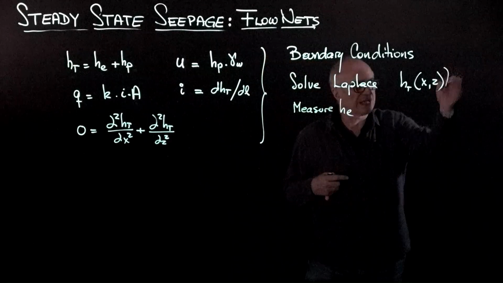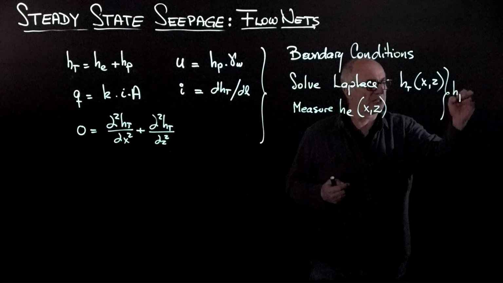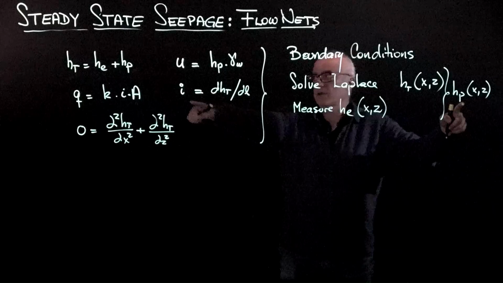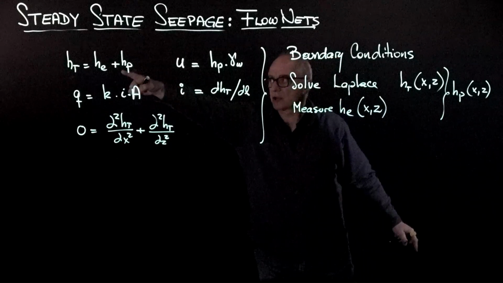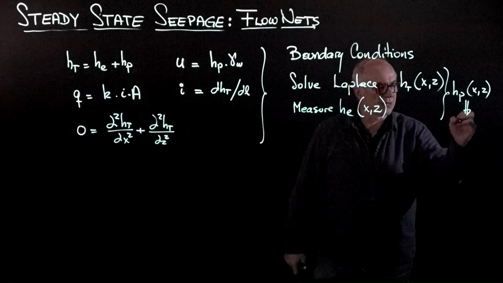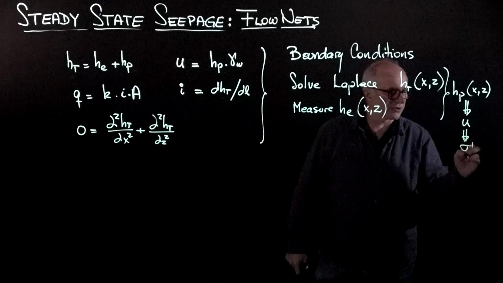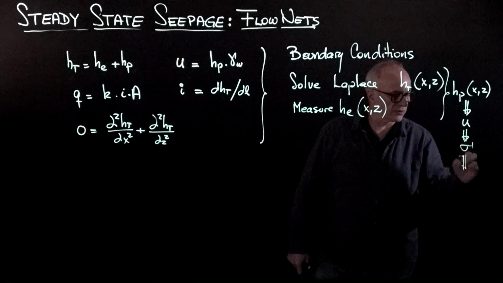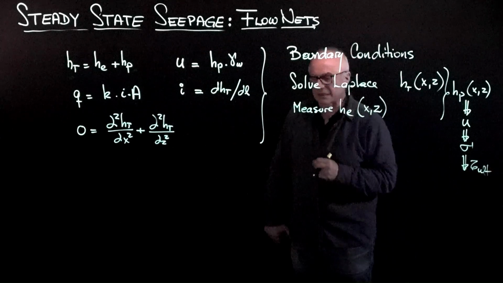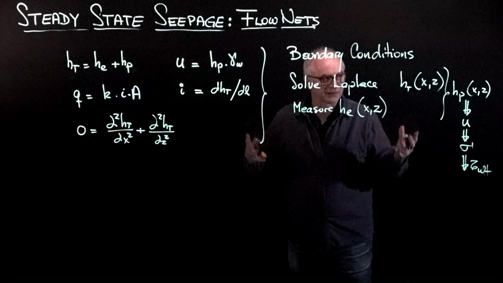With the total head and the elevation at any point, I can determine H pressure at any point, because H pressure is equal to H total minus H elevation. If I know H pressure and the pore pressure, and depending on boundary conditions, I can compute the effective stress, and then I can compute the tau ultimate, for example, for stability analysis. So this is always the sequence.